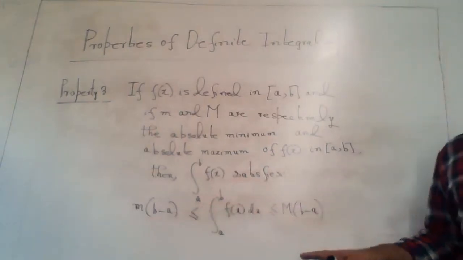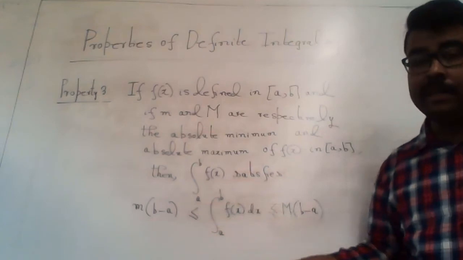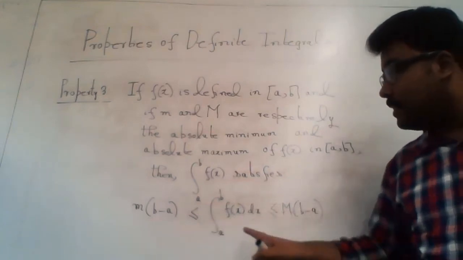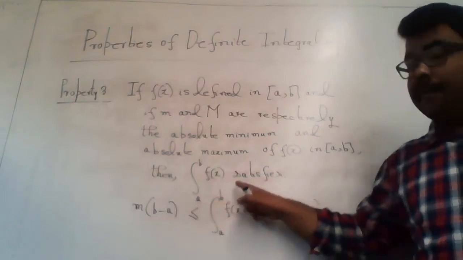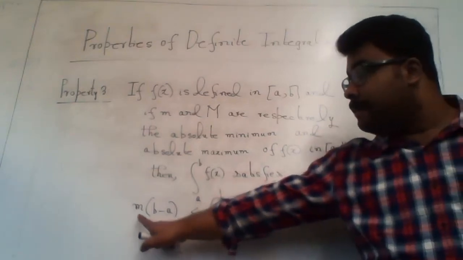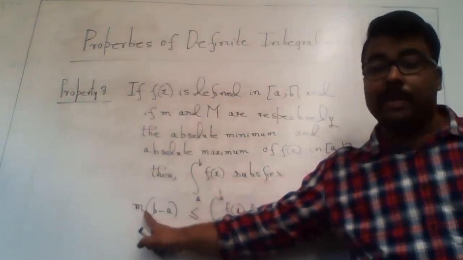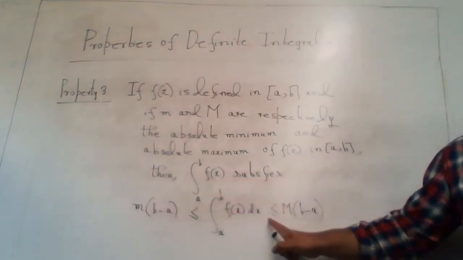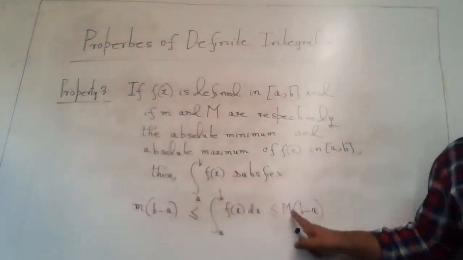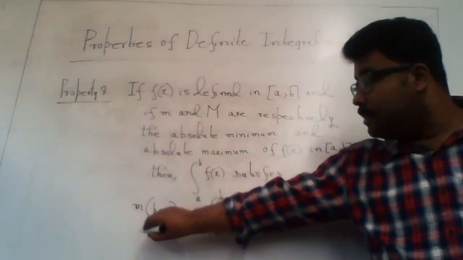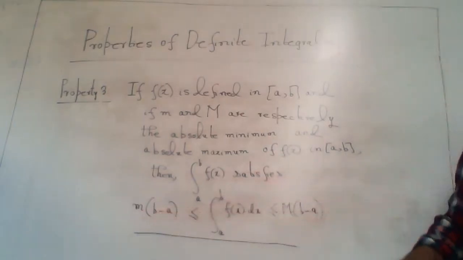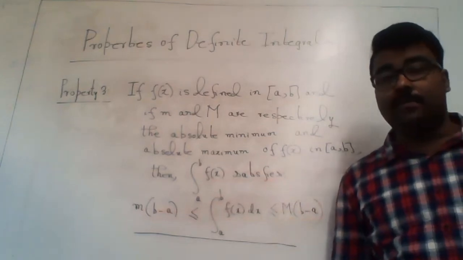So for functions whose integral we cannot find, this inequality gives us a rough estimate. Whatever the value may be, it cannot be smaller than small m times (b minus a), and it cannot be larger than capital M times (b minus a). For such complicated functions, this inequality becomes very handy, and that is why this property is very important.